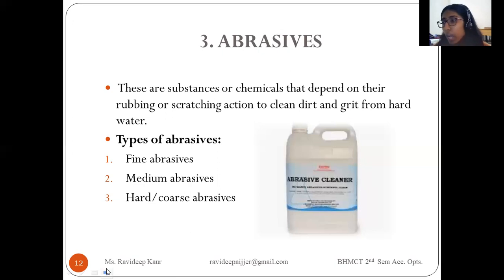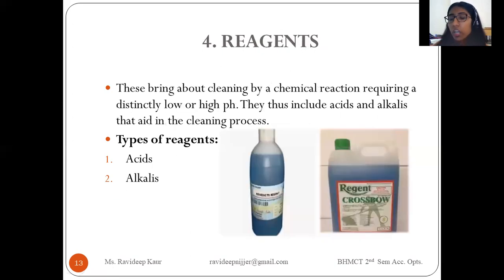So till now we have studied three cleaning agents. First one is water, second detergents, and third is abrasives. Now we have reagents. What are reagents? These bring about cleaning by biochemical reaction requiring a distinctly low or high pH value. They thus include acids and alkalis that aid in the cleaning process.